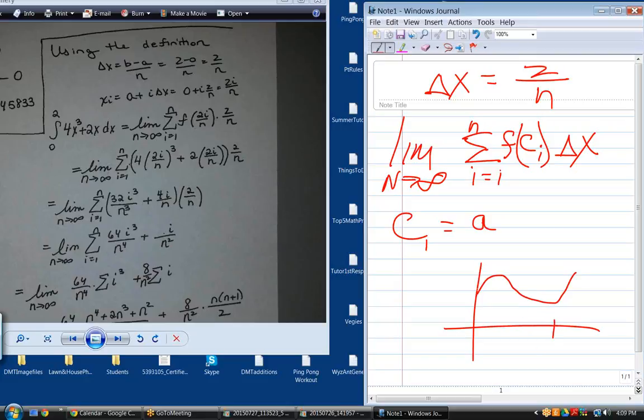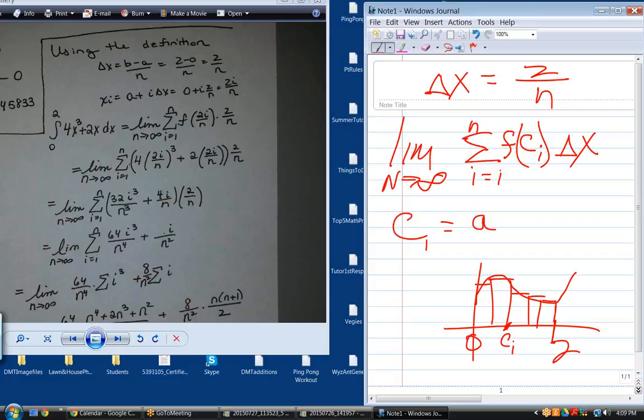There's 0, there's 2. We're going to break this thing up into n rectangles. And our c sub I is going to be the right-hand endpoint of one of those rectangles. When you say we're breaking up into rectangles, is it really intervals, or are we still using rectangles? We're still using rectangles.